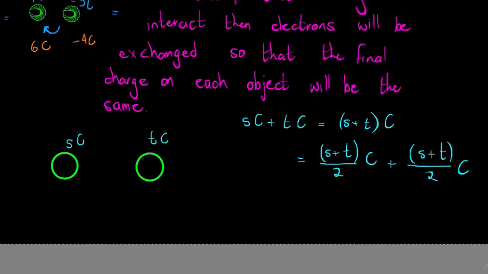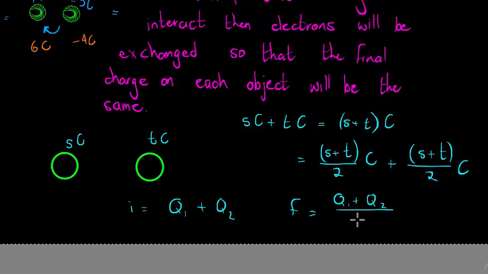Does that make sense? So basically it comes down to this: if I have two charges, Q1 plus Q2, and this is my initial charge, then the final charge would be (Q1 plus Q2) divided by 2, plus (Q1 plus Q2) divided by 2.